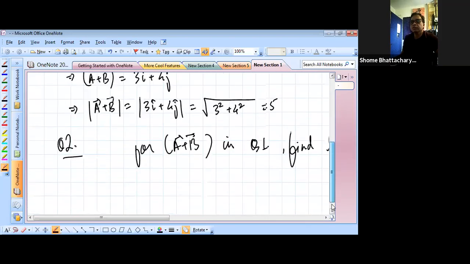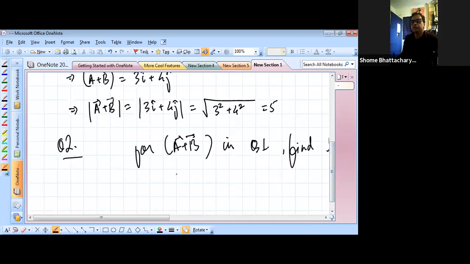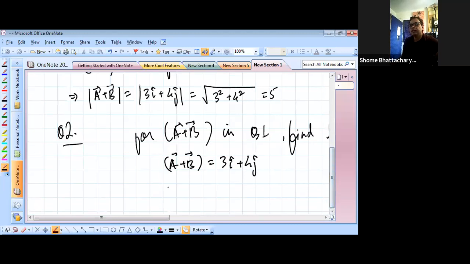So anyway, let's come to this second question. A plus B we just saw was 3i cap plus 4j cap. So the angle with respect to the x-axis is such that tan theta is 4 by 3, and that means theta is 53 degrees.